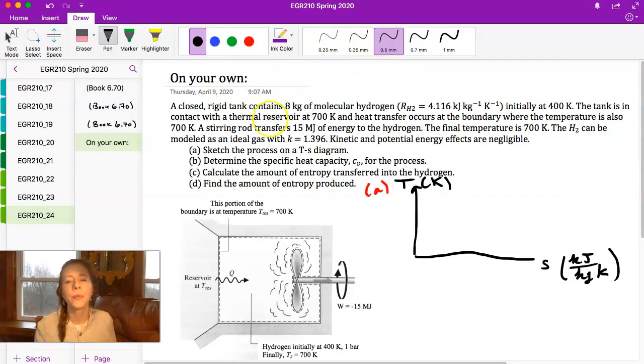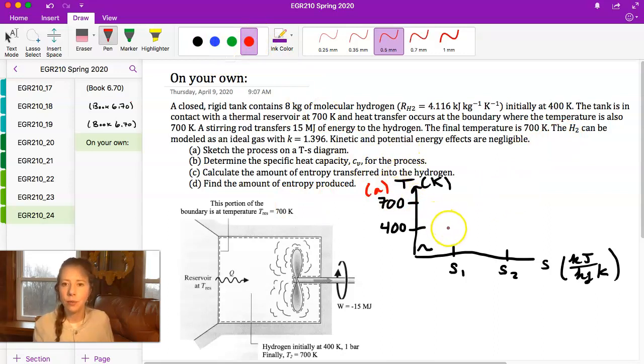Okay, and so we're dealing with an ideal gas, so I'm going to draw the vapor dome super tiny and in the lower left corner, since we're far off in ideal gas land. We're going to start at some initial entropy and have some final entropy. Our initial temperature is 400 and our final is 700. So entropy is going to increase with increasing temperature, and so state 1 is down here, state 2 is up here.